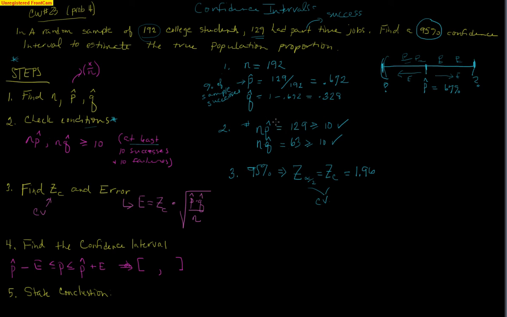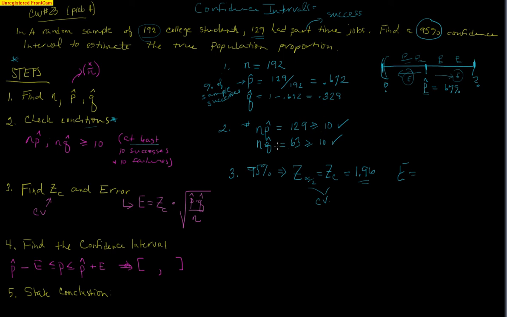If you have trouble with where that number came from, be sure to go back and watch some of the previous videos. You can look on your z-table for that. All right, so we found the critical value, and now we need to compute the error. What is this error? How far above and below our sample will we go?